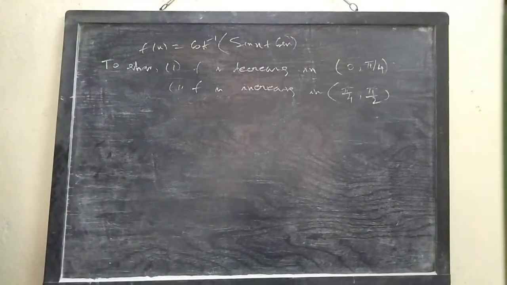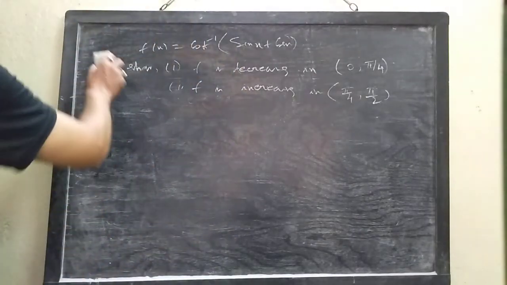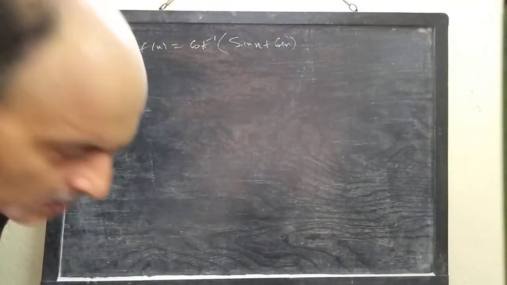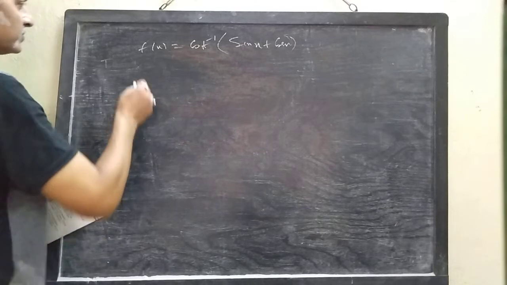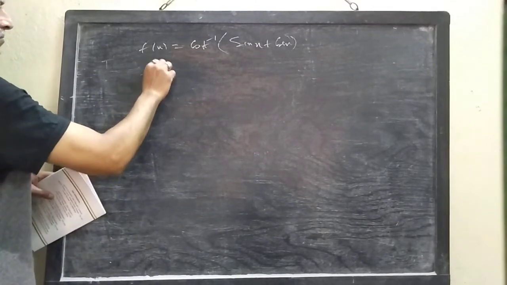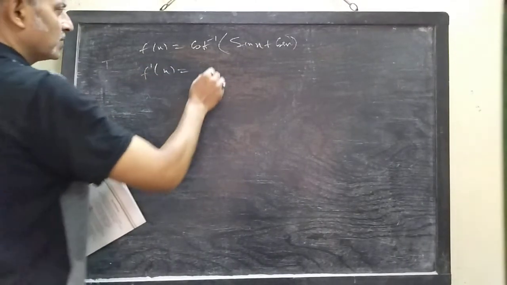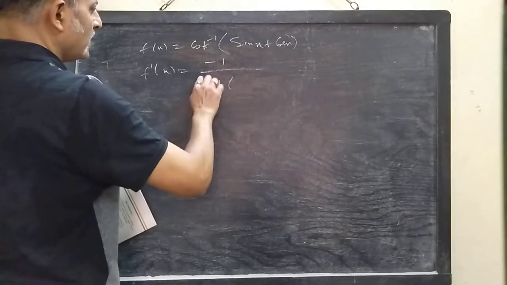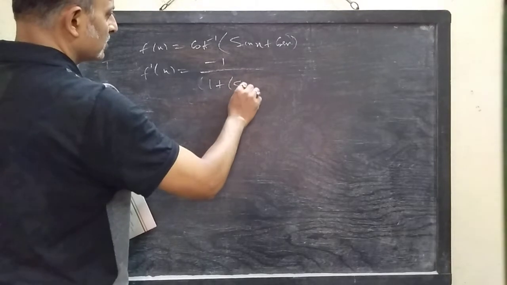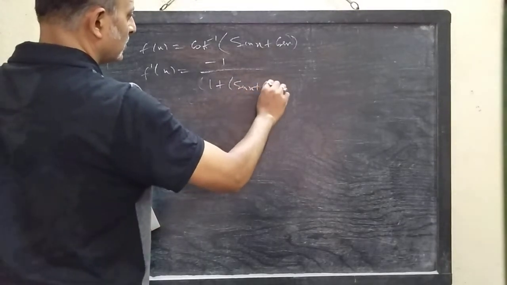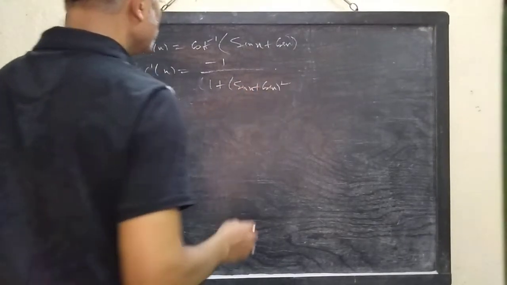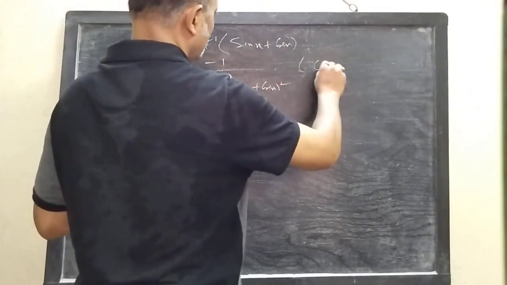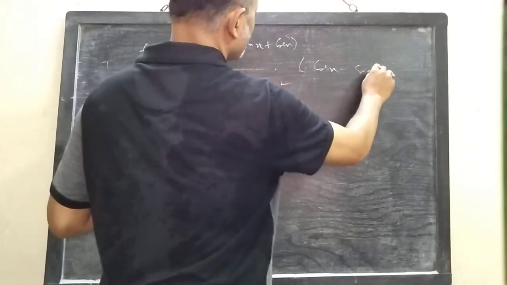Okay, so let us erase this part. Get the derivative of the function, f dash x is minus 1 by 1 plus sin x plus cos x whole square into derivative of this, which becomes cos x minus sin x.